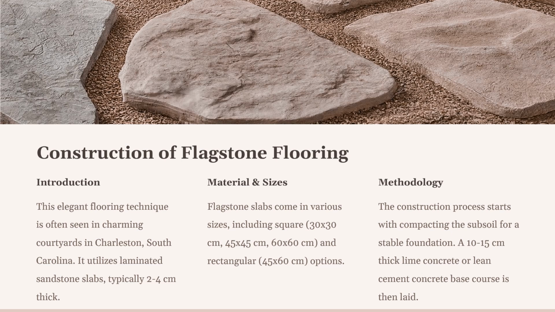These slabs, often referred to as paving stones, are not just functional flooring but pieces of natural art laid over a concrete base. Let us see how it is done.